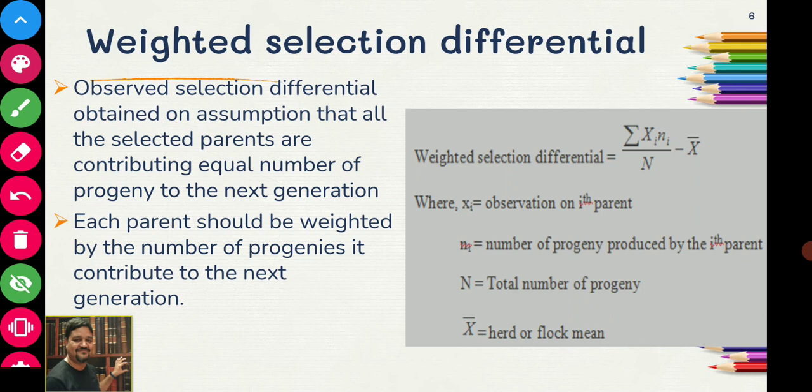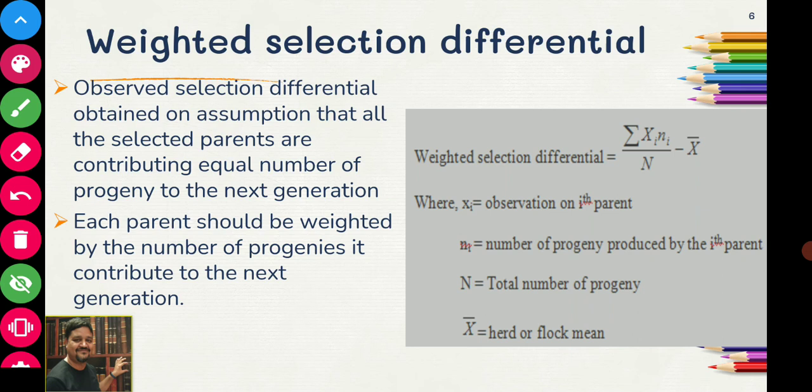But it will not be so in reality, because every individual will produce a different number of progeny. So in that case, if you go with that selection differential, it will be wrong. So for that, you have to go with weighted selection differential.